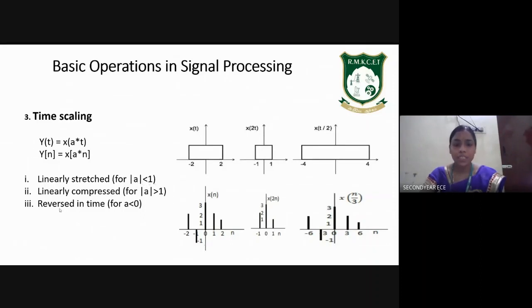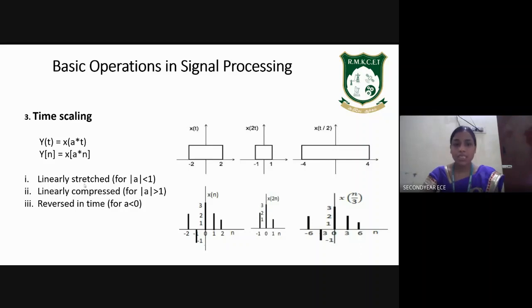And it will be just reversed in time for negative values. If we substitute negative values here, minus, then we will get a reversed signal, as I explained in the previous slide.